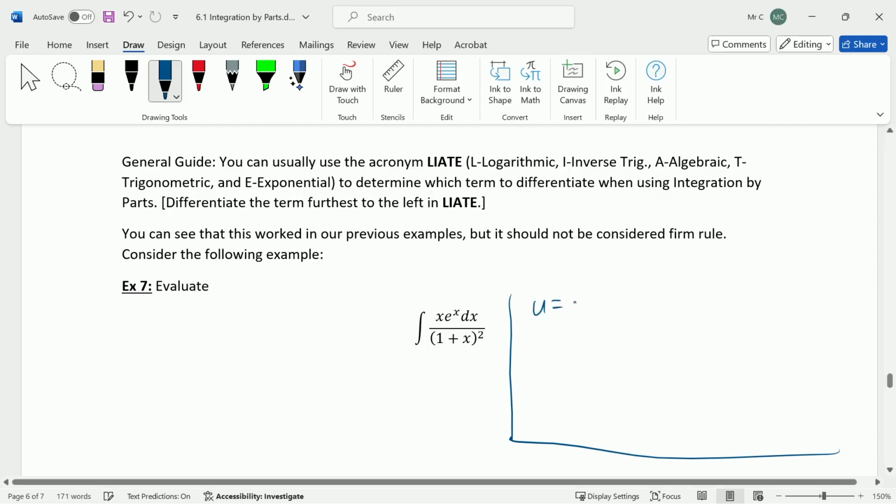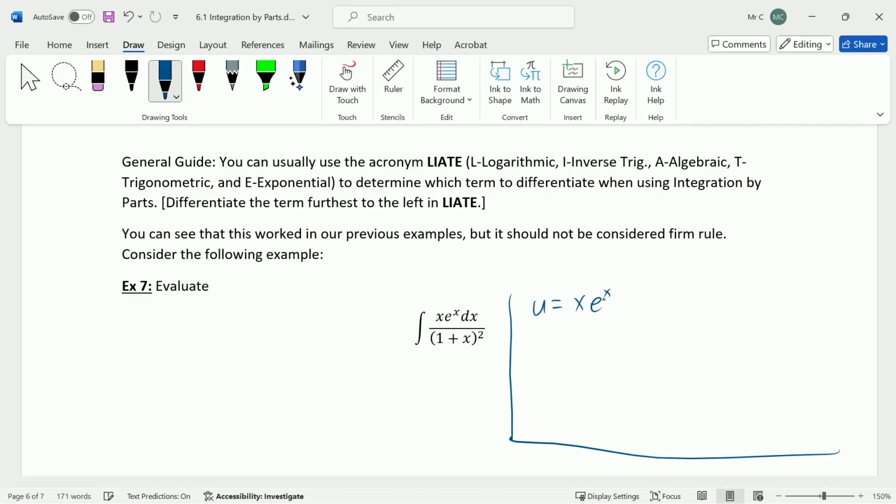So u equals x e to the x. So I apply my product rule. I get the derivative of x times e to the x plus x times e to the x derivative, all multiplied by dx. So this is e to the x plus x e to the x dx.